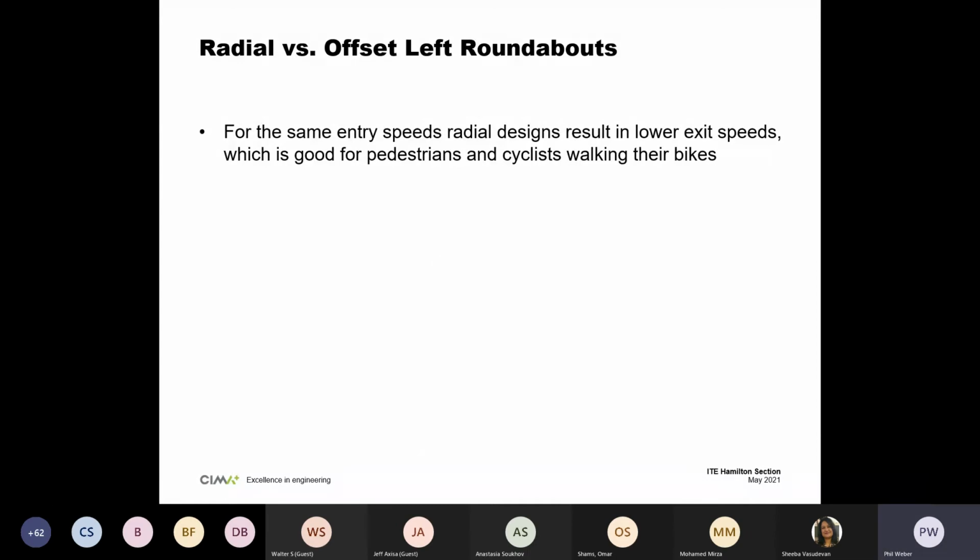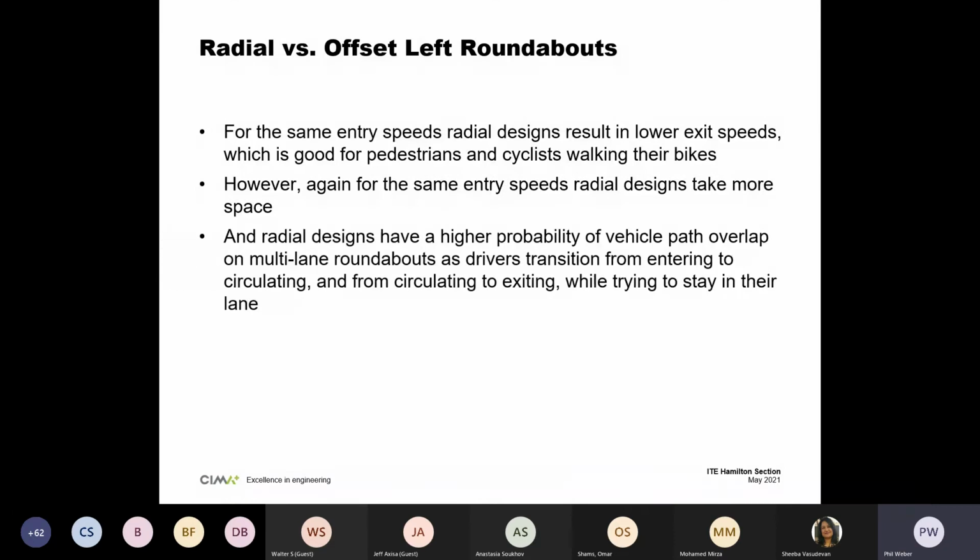However, again, for the same entry speeds, radial designs take more space. And radial designs have a higher probability of something we call vehicle path overlap on multi-lane roundabouts as drivers transition from entering to circulating and from circulating to exiting while trying to stay in their lane. So the more appropriate type, radial or offset left, should be a case-by-case decision.